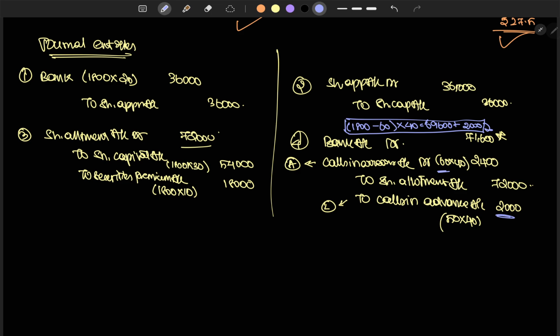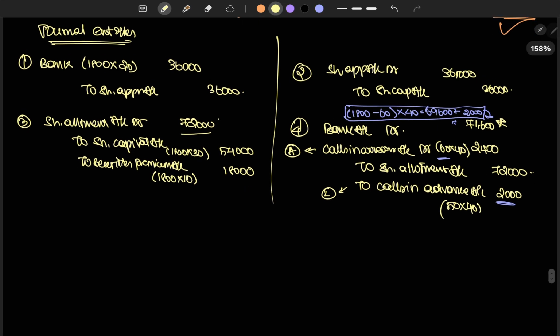So we are just simplifying the process by using the balancing figure method, and we can also find it through this method. So this is how the amount receivable to the company should be. And let's go to the next entry.